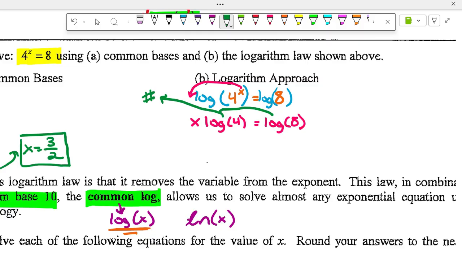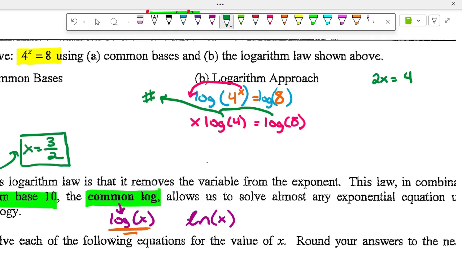So since that log of 4 is being multiplied to the x, how do you think I'm going to get the x by itself? So what would you do if it was like this? You would divide by 2, right? So same thing pretty much, just with logs. So what do you think you're going to do?